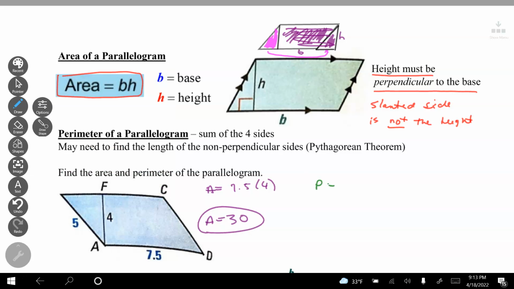My perimeter, it's kind of like a rectangle. It's 2 times, well, the bottom side is 7.5. The other side is 5. And there's 2 of them, one on top, one on bottom, so 12.5 times 2. My perimeter is 25 units.